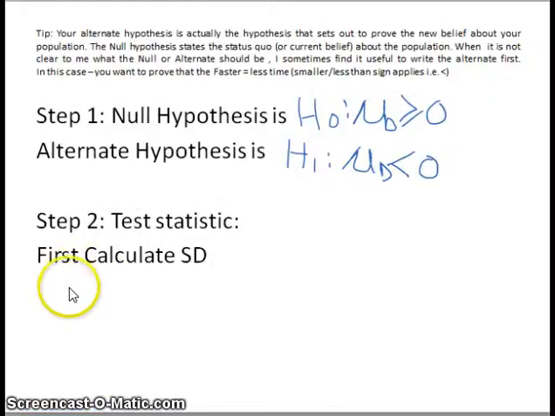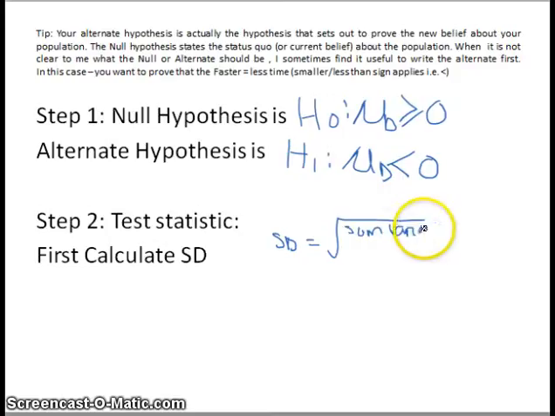Calculate my test statistic. As I've mentioned, I need my SD to calculate it. I use the formula SD equals the square root of the sum of that variance, the thing I've just calculated in the table on the far right-hand side, over n minus 1. My n was 6, so that would be over 5.